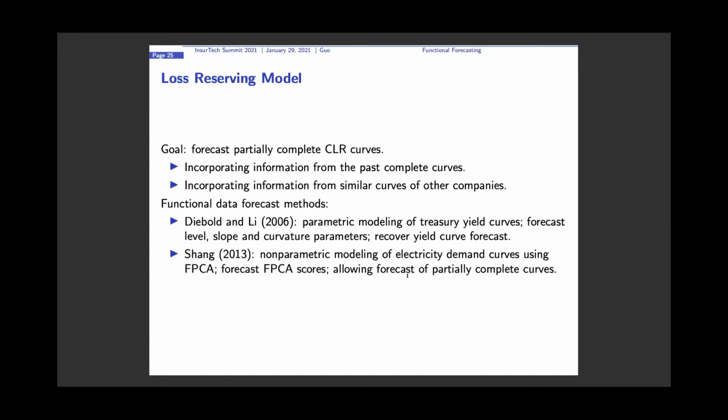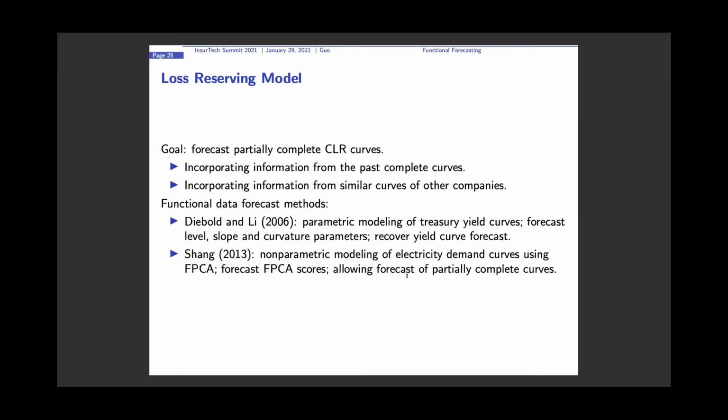Hyndman relies on non-parametric modeling. He's dealing with electricity demand curves. He's using PCA to extract features, forecast the PCA scores, and also recover the forecast using the PCA scores and the loadings.